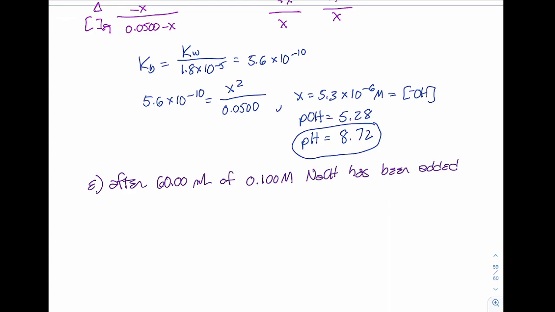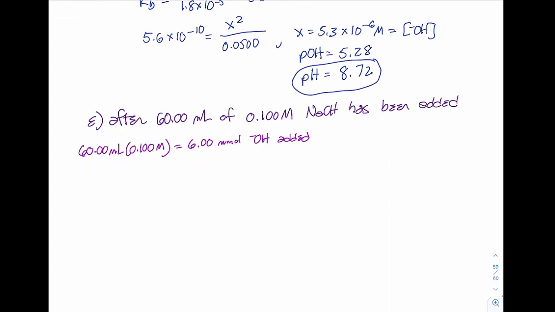I'm going to make my change table, and then we're going to look to see what we have. So I had 60 milliliters of a 0.100 millimole per milliliter solution. Milliliters cancel, and I have 6.00 millimoles of my strong base has been added.